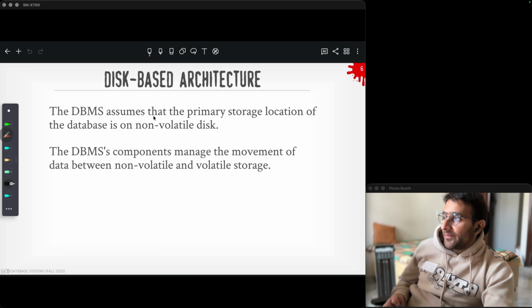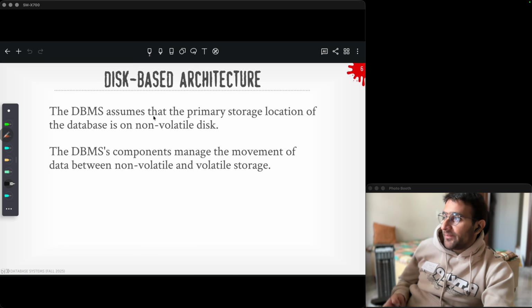Disk-based database systems assume that their primary source of data will be the disk, and they use the main memory as a cache for the data they fetch from the disk. During the design of the database system, we have to keep in mind that we are not just dealing with DRAM, which is byte addressable, but also with the disk, which is block addressable.